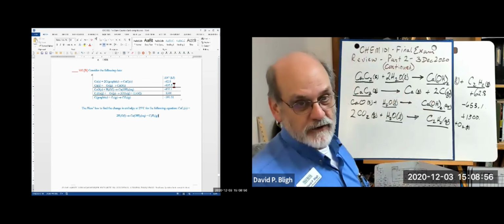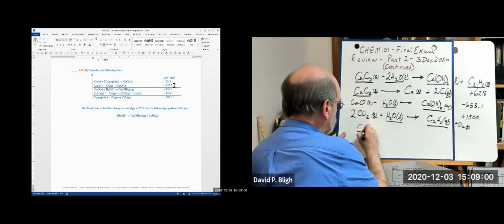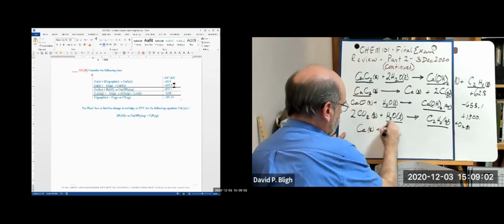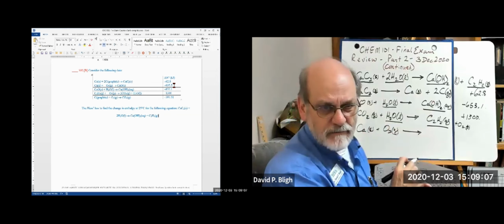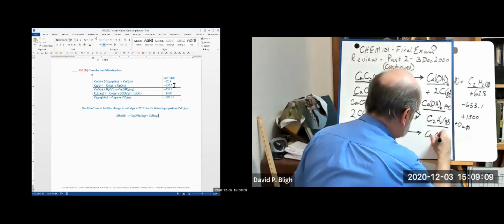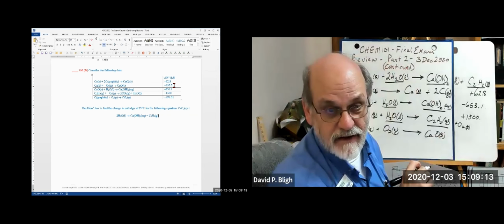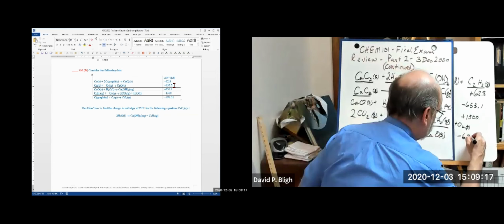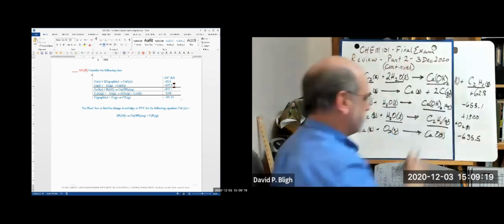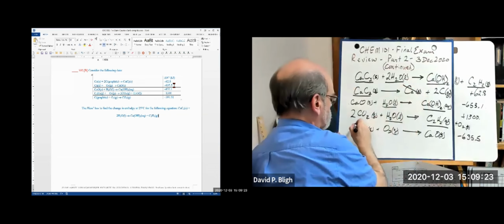We only need 1 calcium. So calcium solid plus oxygen gas yields calcium oxide solid. And that heat is minus 635.5. Okay. Now, this calcium is gone.